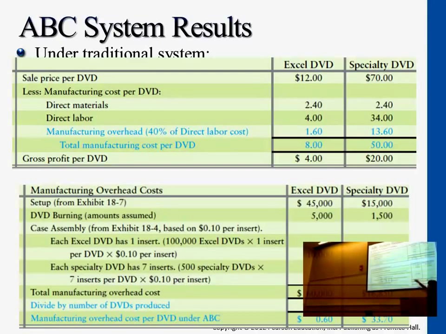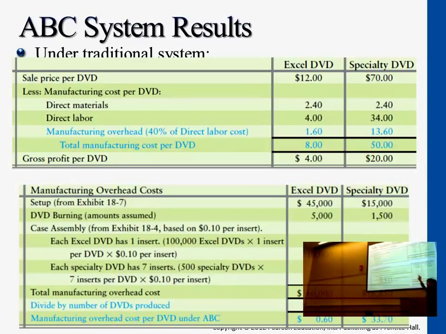What we're trying to do is, if we separate the cost of manufacturing overhead into more details, we're able to trace in more detail what is specifically machine hours used for this type of product, what is the setup cost used for different types of products, and what is the DVD burning cost used for different types of products. So the detailed breakdown actually leads us to understanding that manufacturing overhead cost here is 60 cents per Excel DVD, whereas in the beginning it was $1.60. And here, specialty DVD really costs us $33 in manufacturing overhead, and if we match it to the beginning table, we have $13.60.